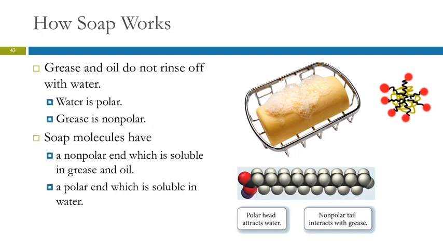So all those tails are going to be stuck inside this little globule of grease, and the polar heads are on the outside. And then we've got water out here, and water's polar, and water is attracted to those polar heads. And so the water sees this, and it's like, oh, you're one of us. It's hiding this nonpolar grease inside of it, but on the outside, you just have these polar heads.